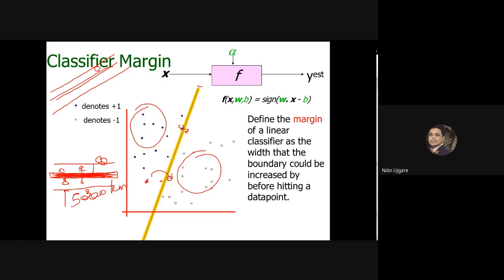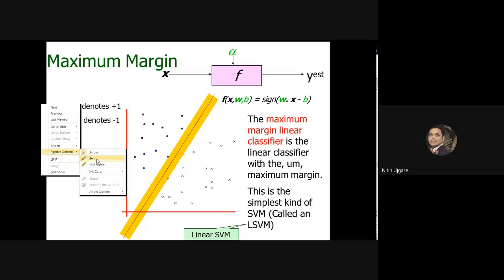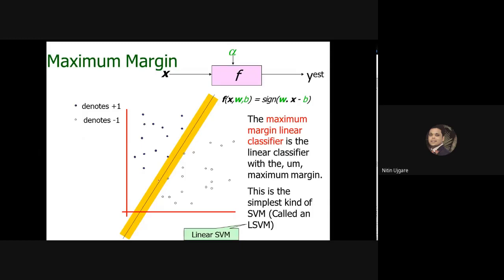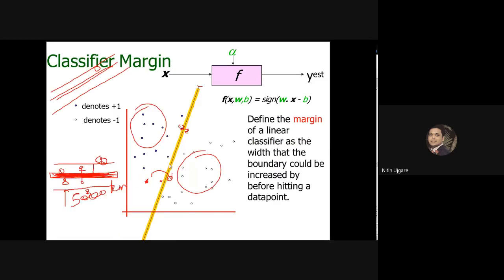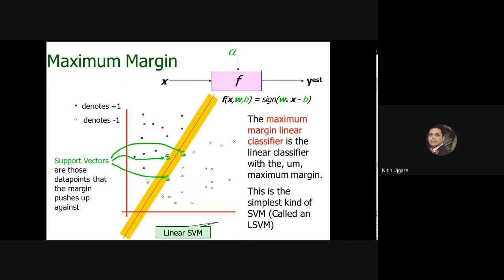We have this classifier and this classifier, two perceptrons, and we choose this perceptron because it has the maximum margin. The width of this decision boundary is greater than the width of the other one.